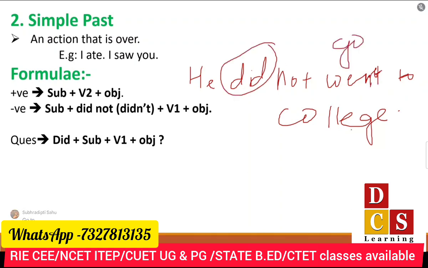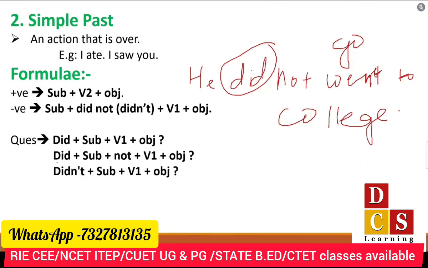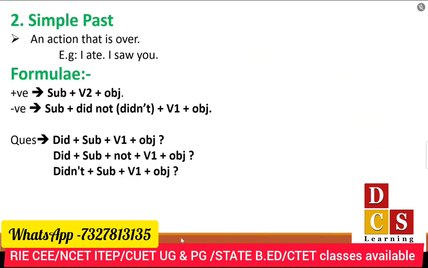He did not go to college, right? Is it okay for you? Yes, sir. So this is the basic structure. If it's an interrogative negative, you have to use did and then not and then verb one. Is it okay? Yes, sir. Good.